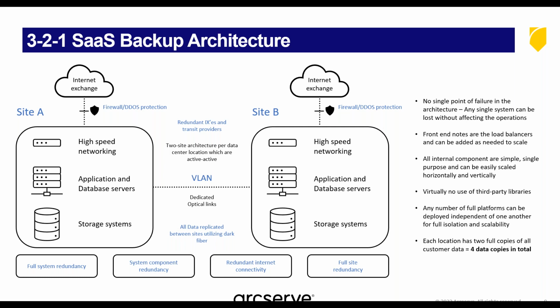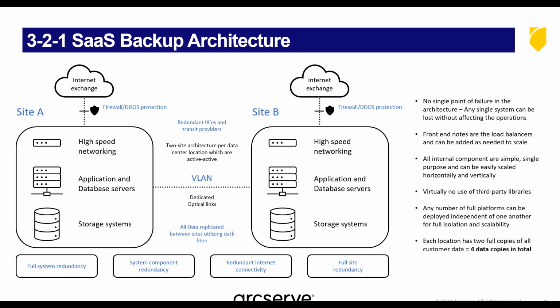Both sites are connected with a dedicated optical link, and all the data is replicated between the sites utilizing dark fiber. Each location, like Sydney, has two locations. In Europe, there are two locations in each of the so-called data center sites.